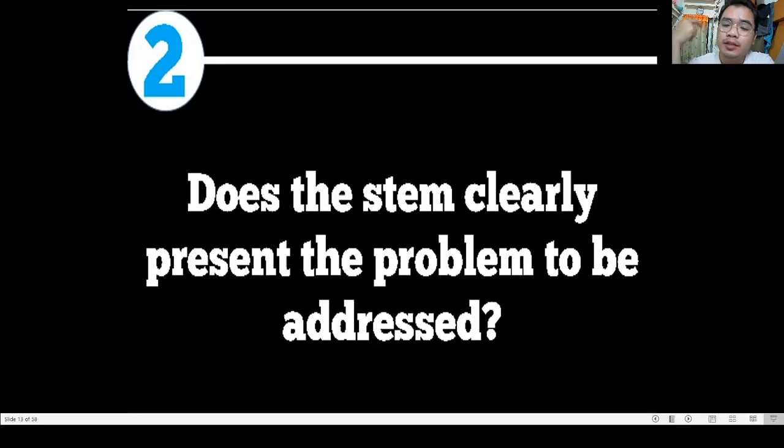Okay, so the second is, does the stem clearly present a problem to be addressed? Now, in many cases, teachers experience failure in expressing what they want to ask their students or what they want to elicit from their students, because number one, they have low skill in writing.